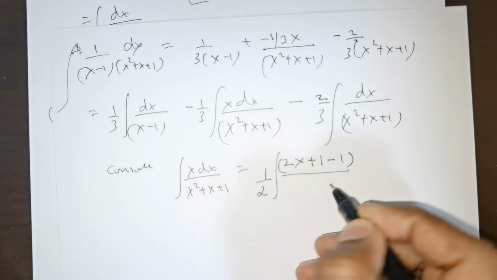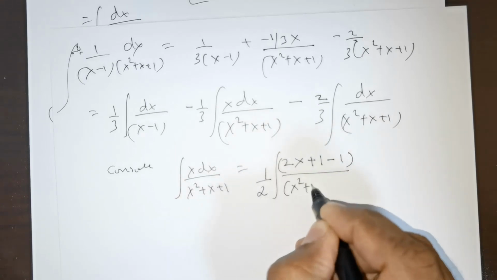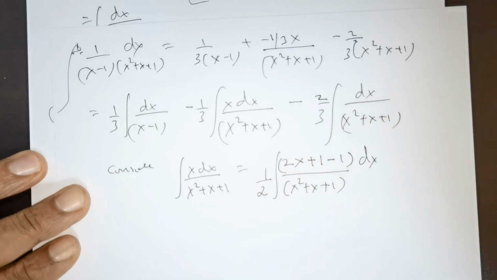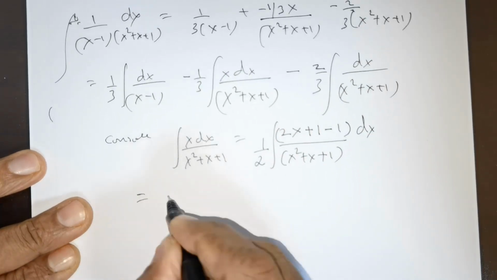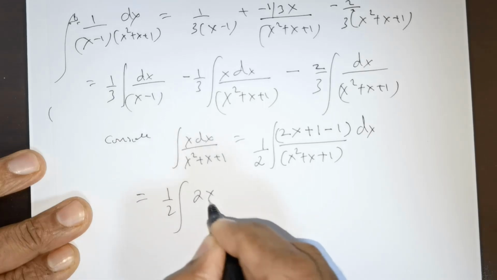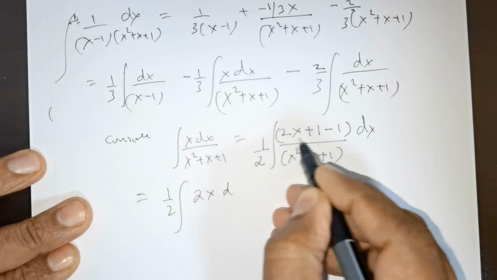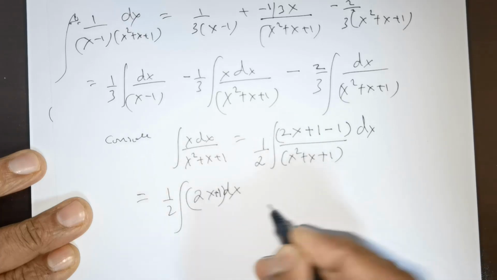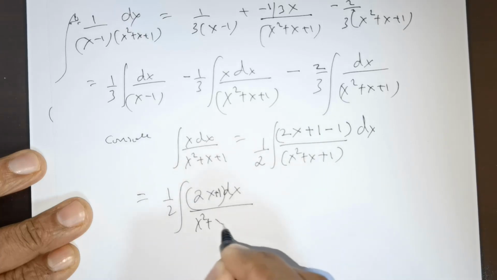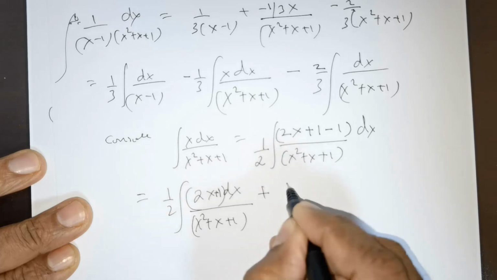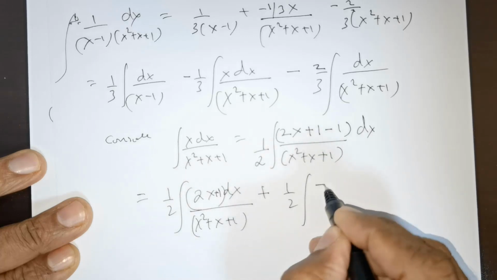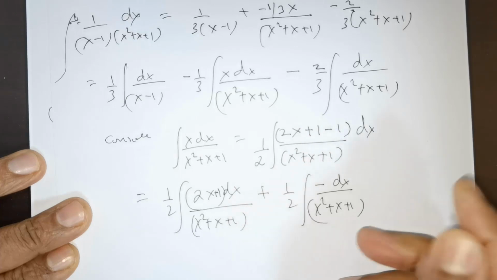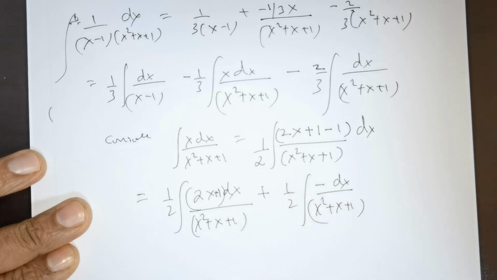So I'm going to divide by 2, and this is going to be x squared plus 1 multiplied with dx. So this can be further rewritten as 1 over 2 times the integral, distribute this, 2x plus 1 times dx divided by x squared plus 1, and then distribute this with the negative dx divided by x squared plus 1. Okay, so you have a quantity like this.